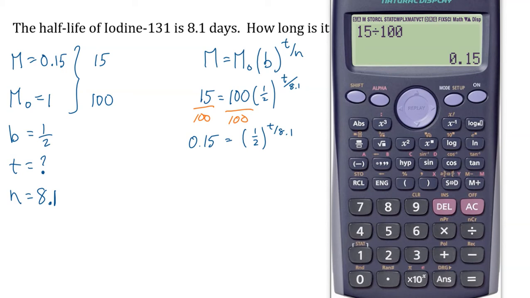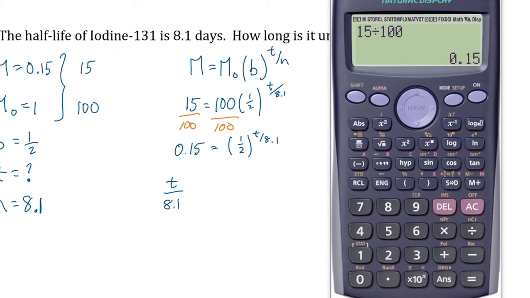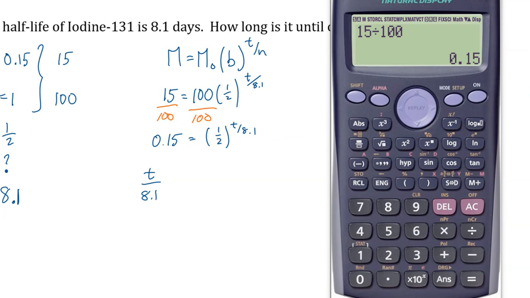Okay, so now we're going to rearrange in logarithmic form. So this one, because there's an n value, has a little bit of a different extra step to it. T over 8.1 equals, base stays the same. So now I have to bring the 8.1 over to the other side.